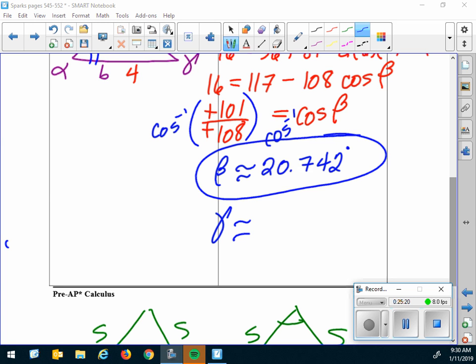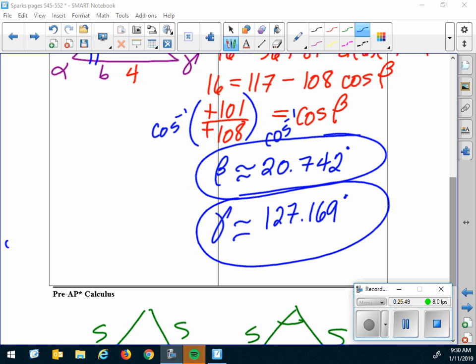I would expect you to go to your calculator, store that, and do 180 minus A minus B and pop out your gamma. We good? Is that a big angle? 127 something? That's the one piece you don't have to show any work, because I know you can do 180 minus, okay?